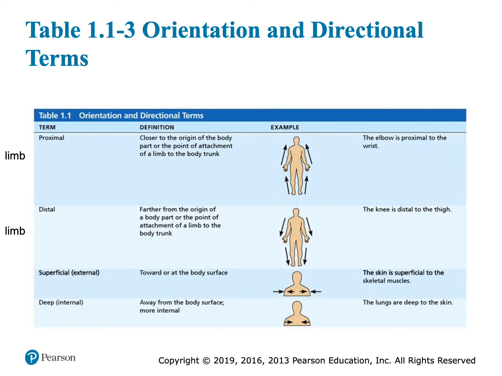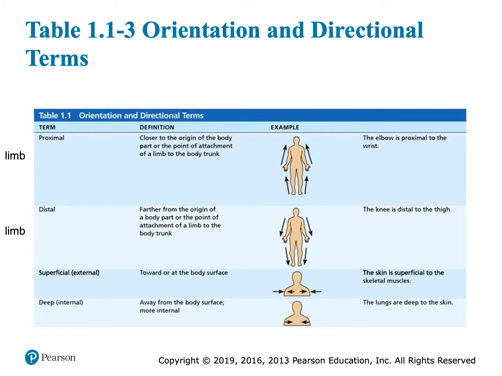Okay, proximal and distal are always when we're talking about limbs. So let's say my head is not a limb. My head is superior to my neck. But when we're talking about limbs, so hands, elbows, shoulders, feet, knees, hips, that's going to be proximal and distal.